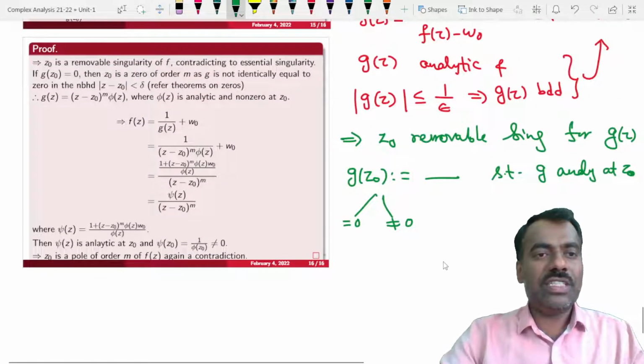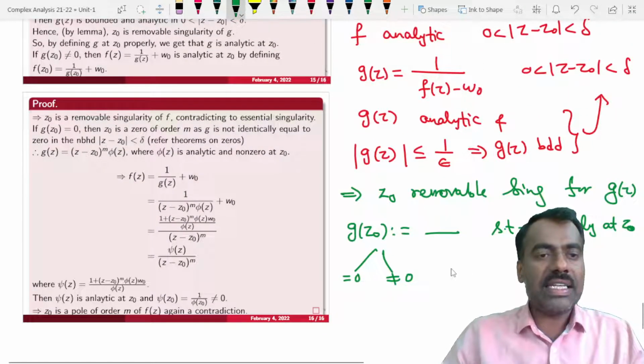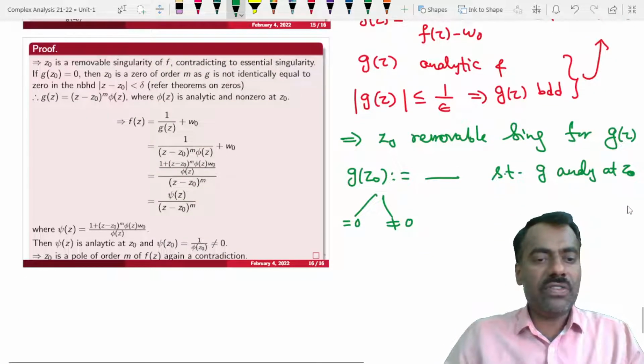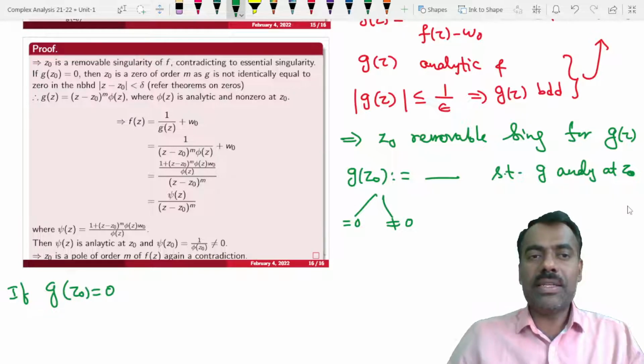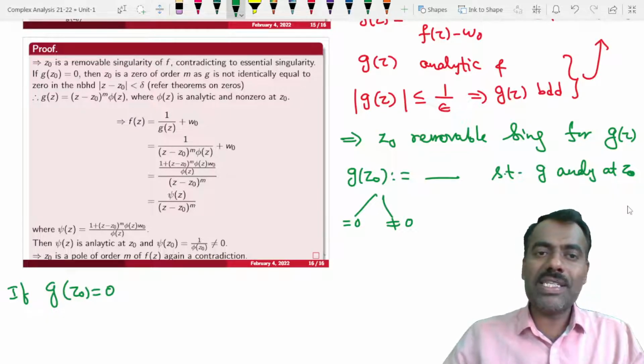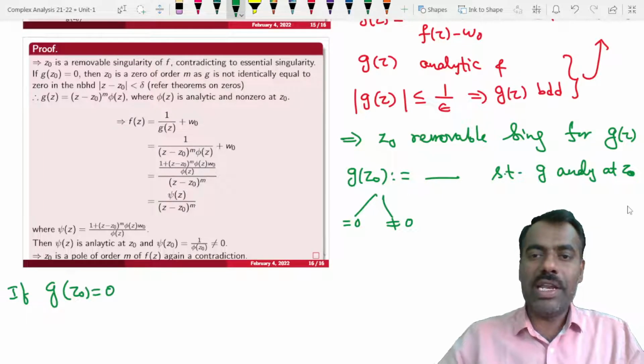Why? If g of z naught is equal to 0, then obviously z naught is a zero of some order m. Why is it a zero of order m?